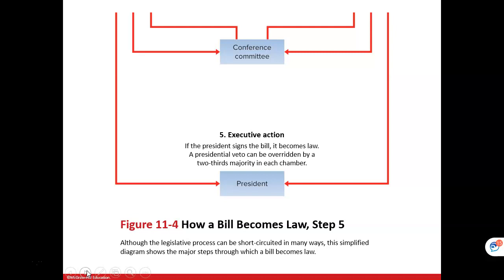If the president does not sign a bill, that bill becomes law in 10 days. Unless the bill goes to the president's desk and then the chambers go into recess. So they dismiss and everybody goes back home.